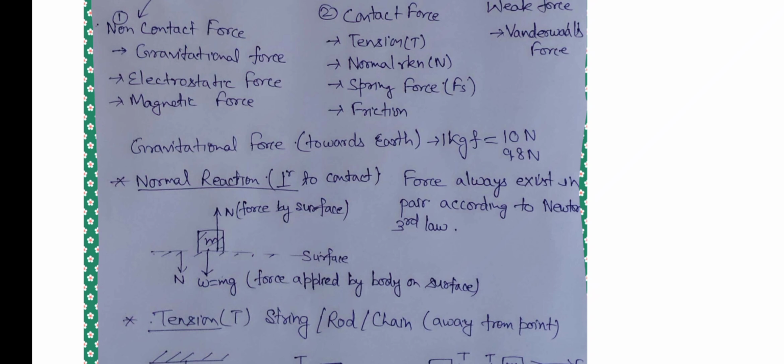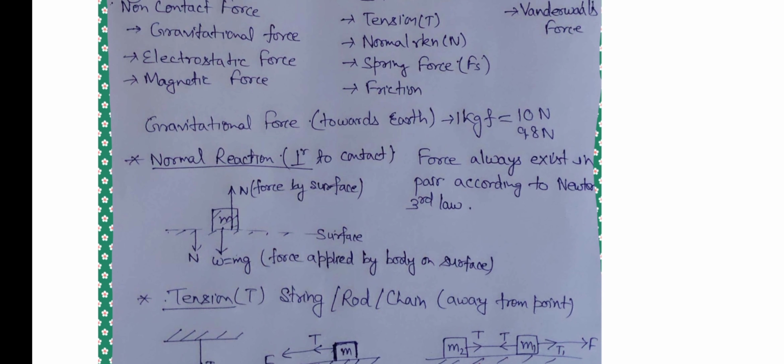You can see in the picture, here is a body of mass m having forces applied. There is always gravitational pull, or gravitational force, towards the earth, so it is downward: W. W is equal to mg.